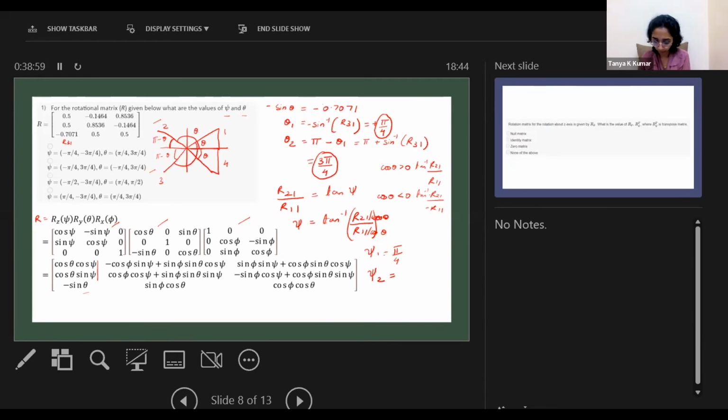You get minus 135. That is minus 135 is what? 3 pi by 4. Okay, so the two values are given. Let's see which option gives you this. For xi, the two values are pi by 4 and minus 3 pi by 4. And for theta, it is pi by 4 and 3 pi by 4, which is the fourth option. Okay. Let's go to the next slide.